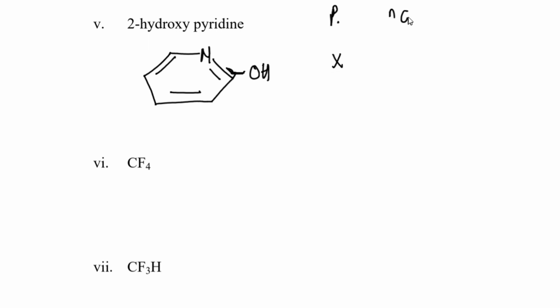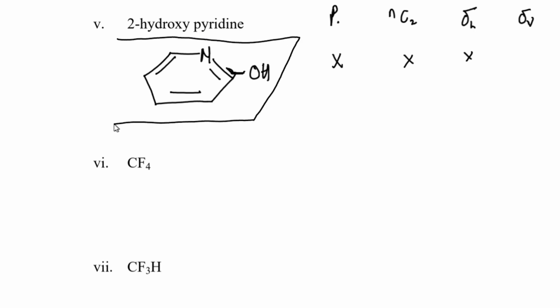So NC2 is none also. Let's look at sigma H. Sigma H is absent also, and then sigma V. We only have sigma V that cuts through like this. So this is present. So this is basically CS. No principal axis, and then all that stuff except the vertical mirror plane.